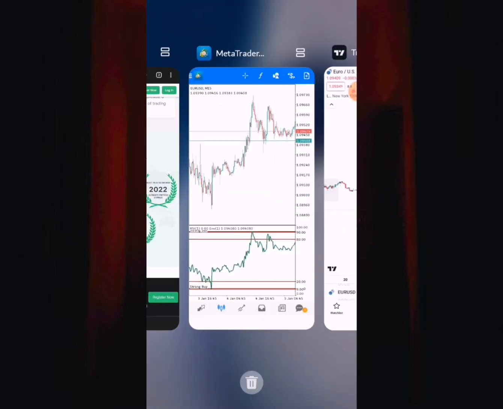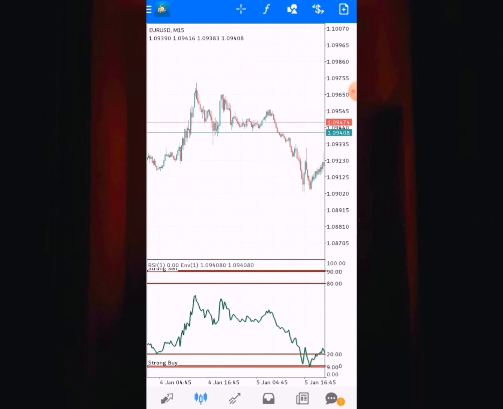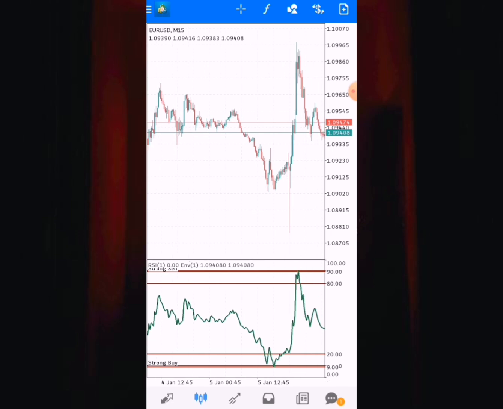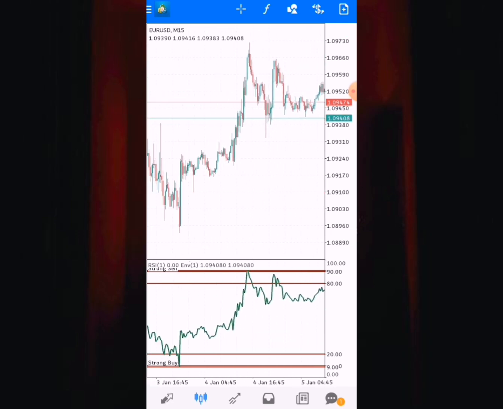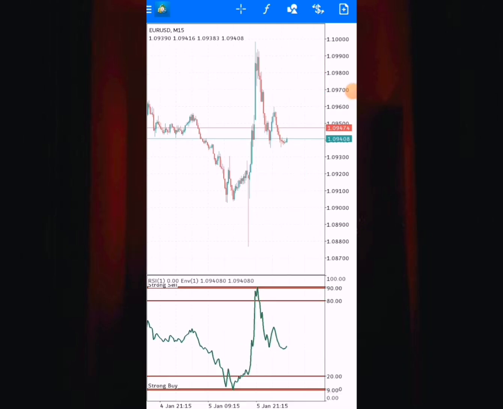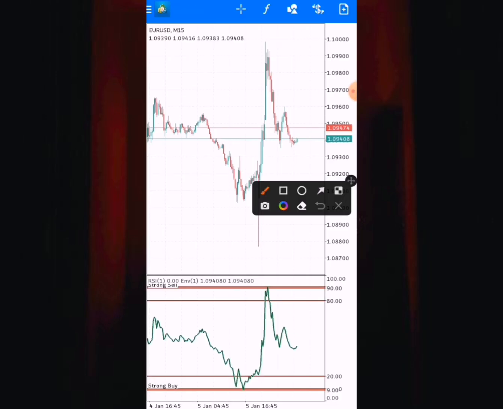So let's go back to the strategy. It's very simple. 1 or 2 hours after the London session has opened, you go through all the currency pairs, and what you look for are places where price has touched the 90 line level or the 9 line level.